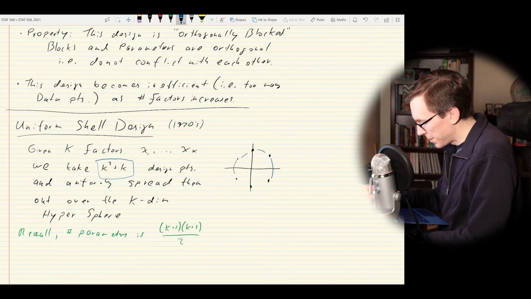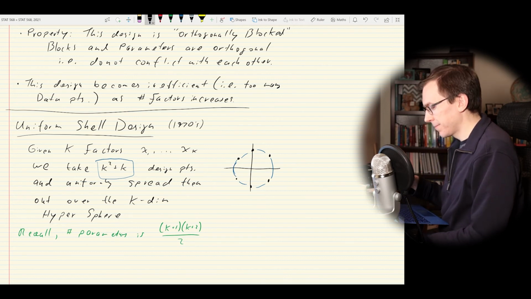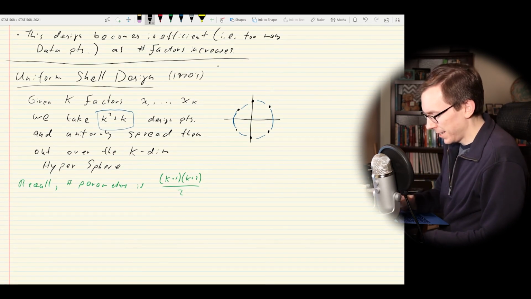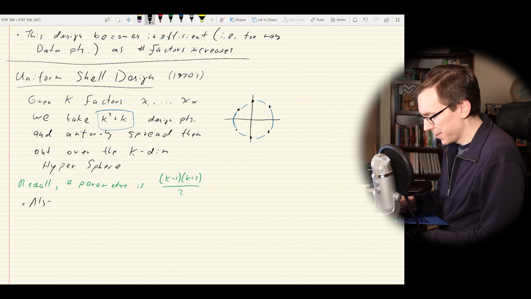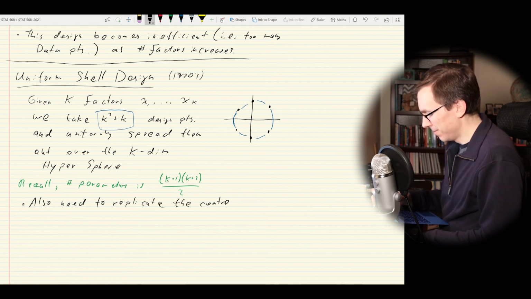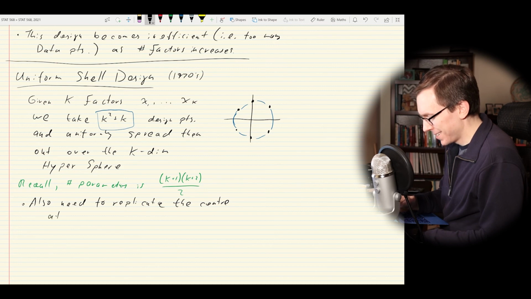Because we would want them to be spaced out as much as possible in 2 dimensions like this. So, I should say, we also need to replicate the center point at least once.